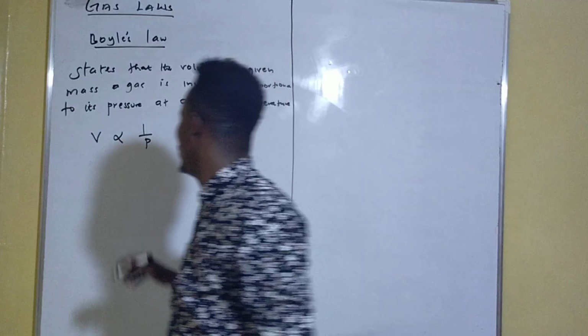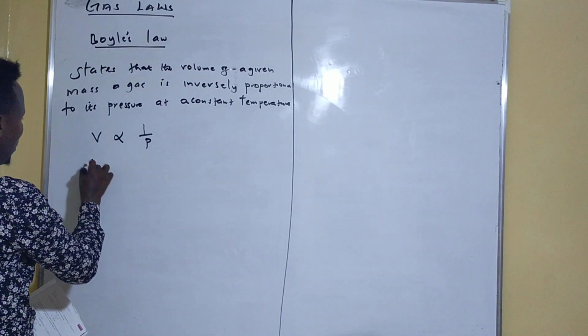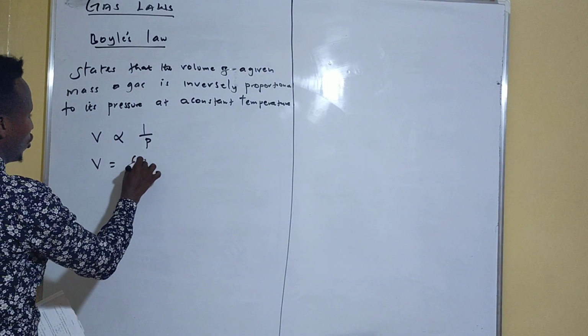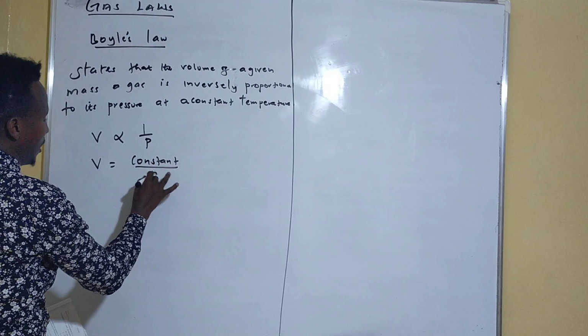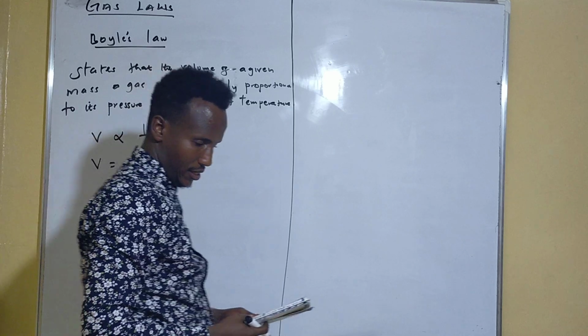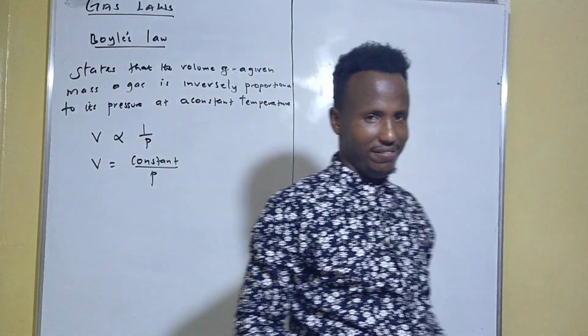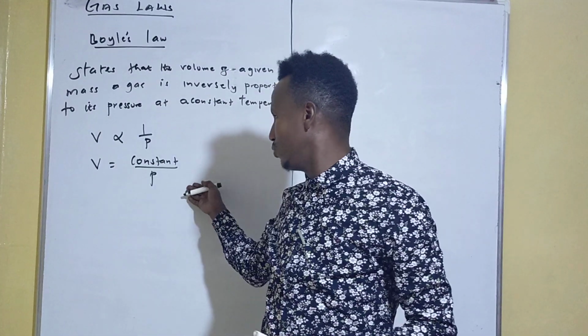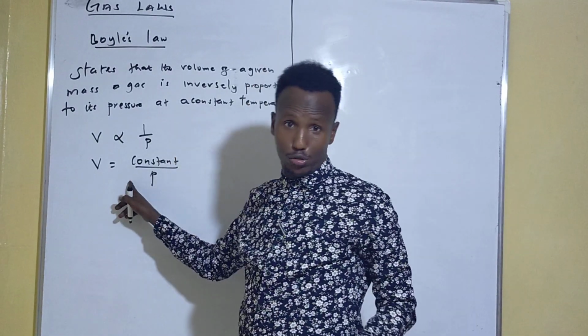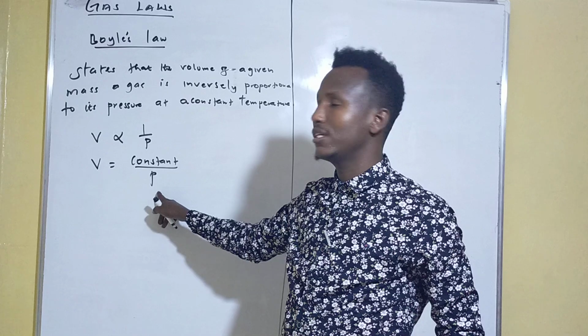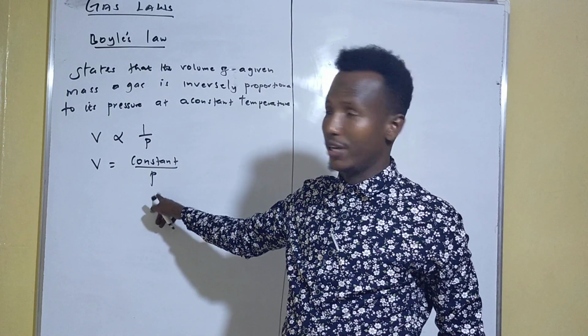If we take this into an equation, we say V is equal to constant divided by pressure, P. You can take the constant as C or K, but let's write it in full because we want to understand this. Volume is equal to constant divided by pressure.